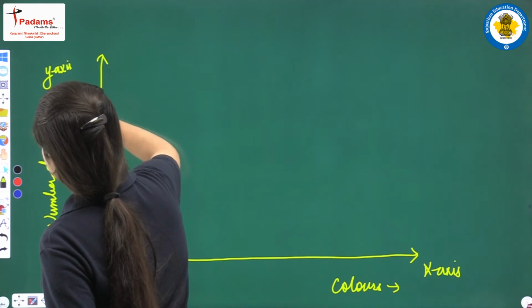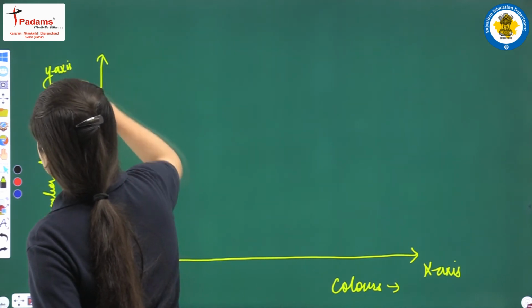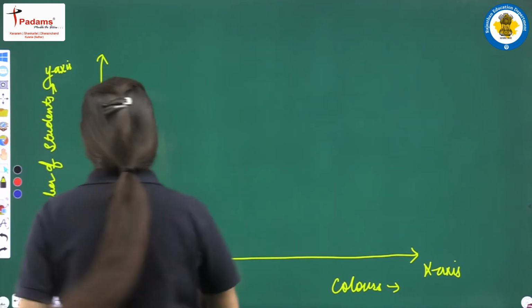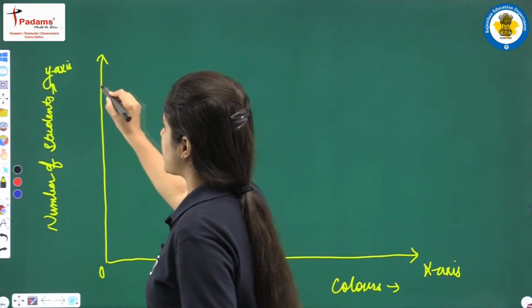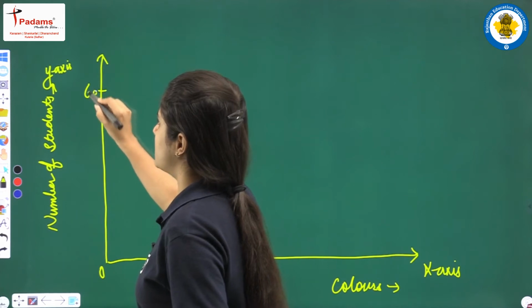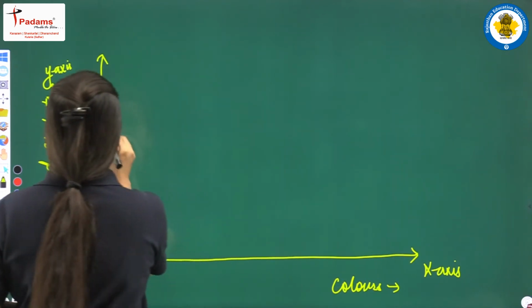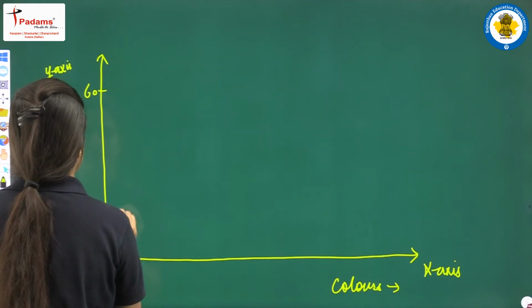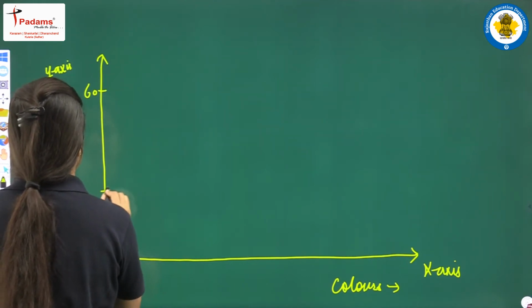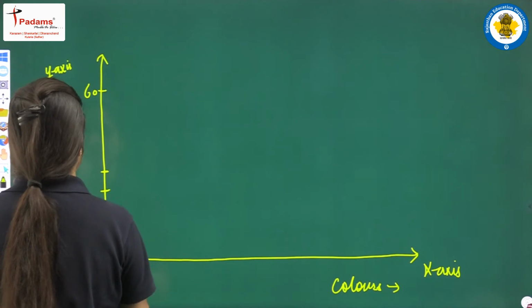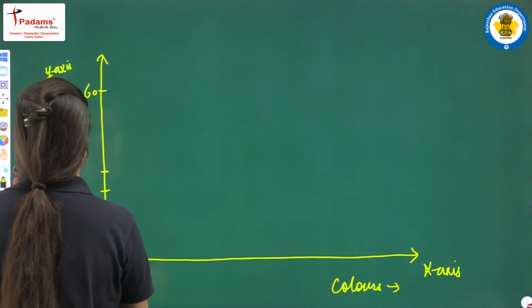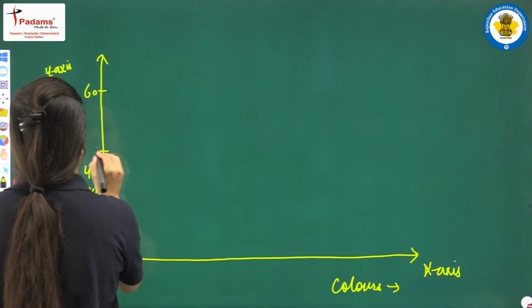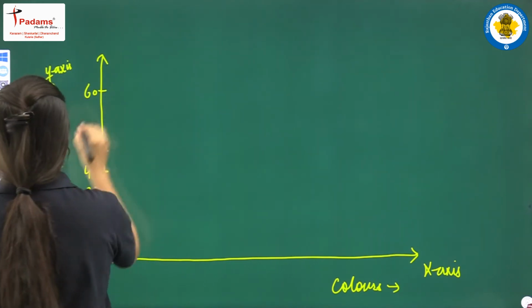Students, we will start from 0 and then the maximum value will be 60, and we'll take the scale of 10: 10, 20, 30, 40, 50 and 60.